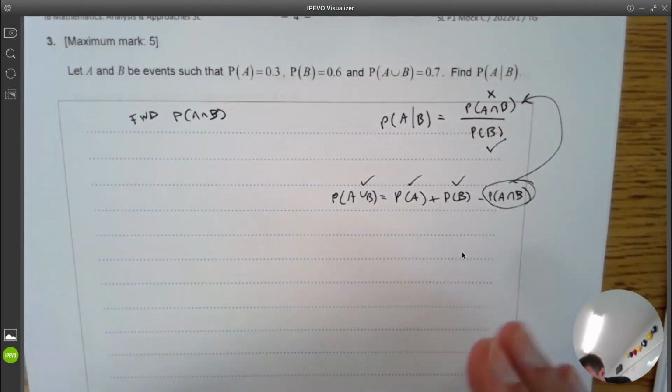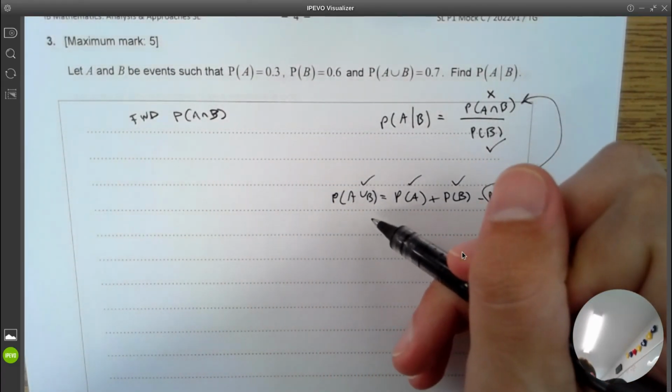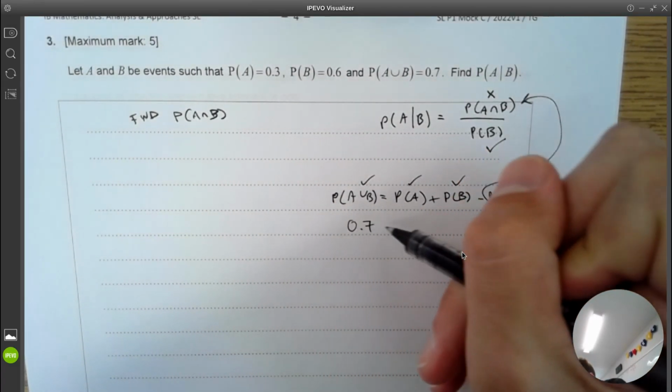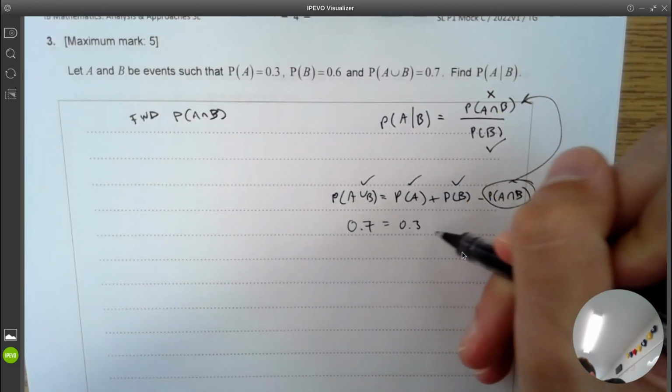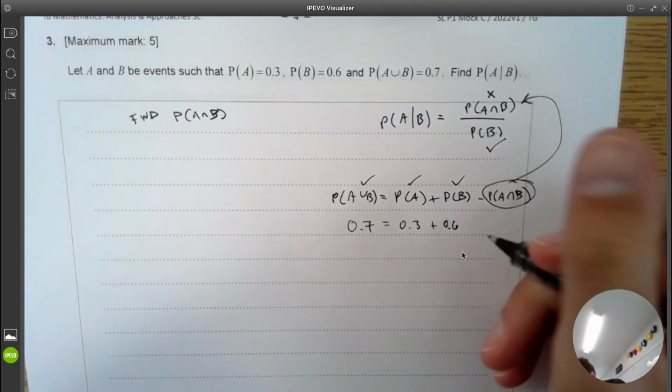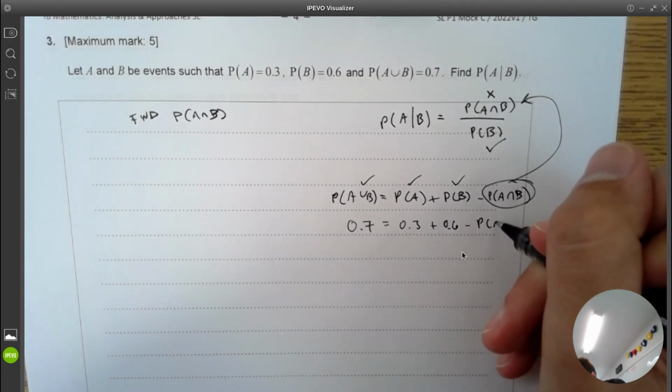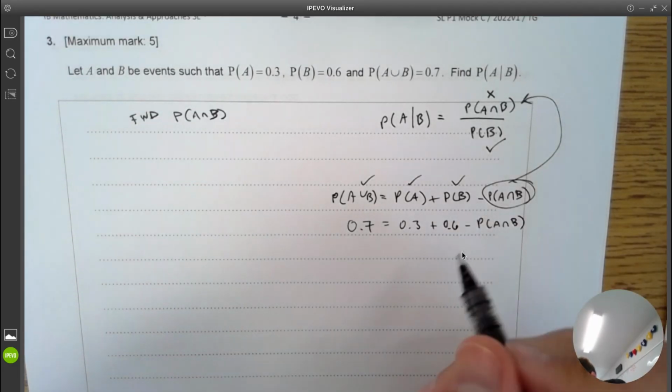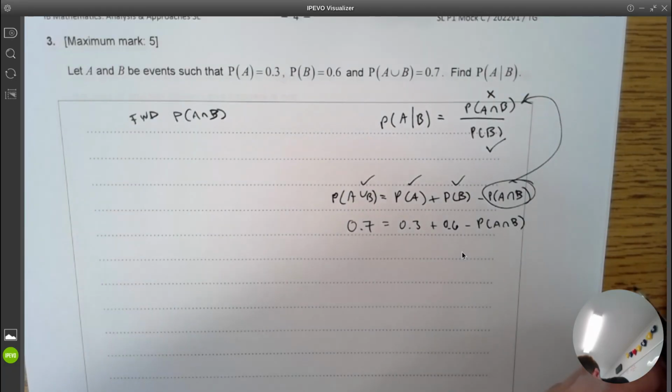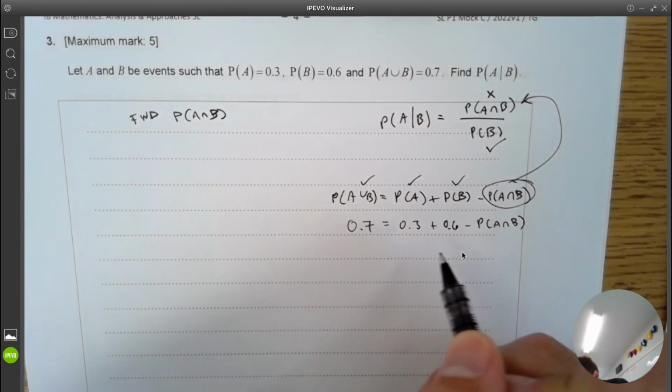So let's do this. The probability here is 0.7 is equal to 0.3 plus 0.6 minus probability of A and B. Should just be able to subtract these things around and move them, and just easy numbers here.